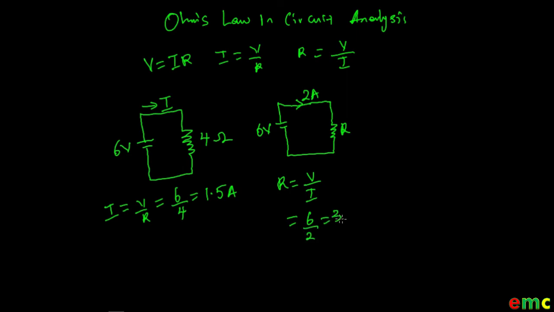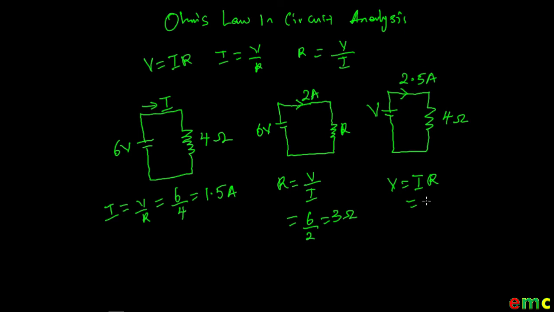If we have another simple circuit in this form, the resistance is 4 ohms and a current of 2.5 amps is flowing in the circuit, and we have to find the voltage. The voltage is the product of the current and the resistance.